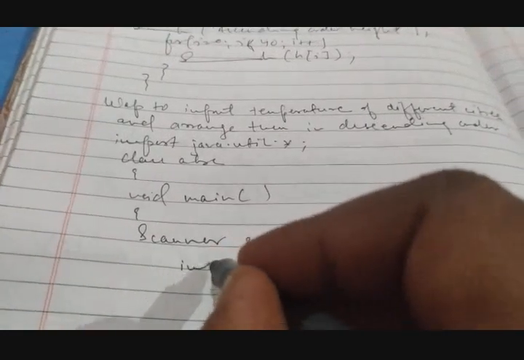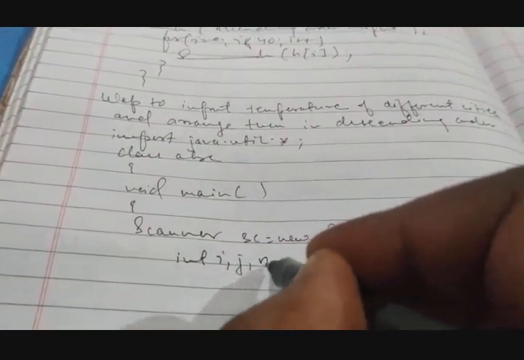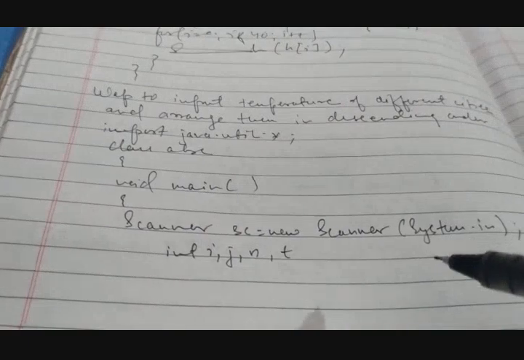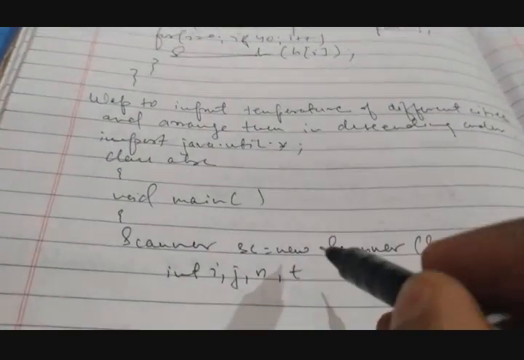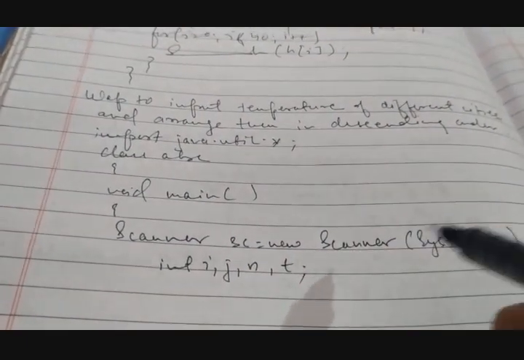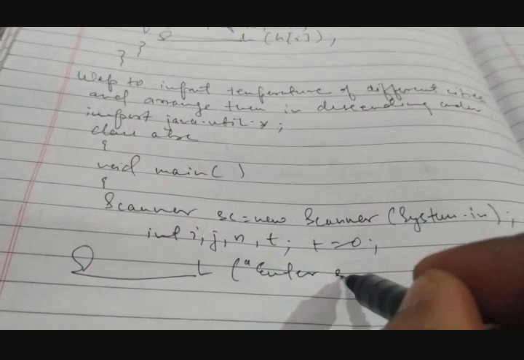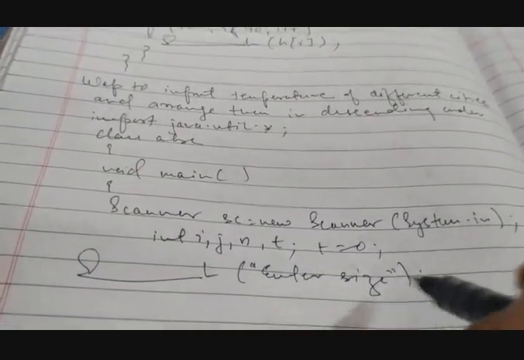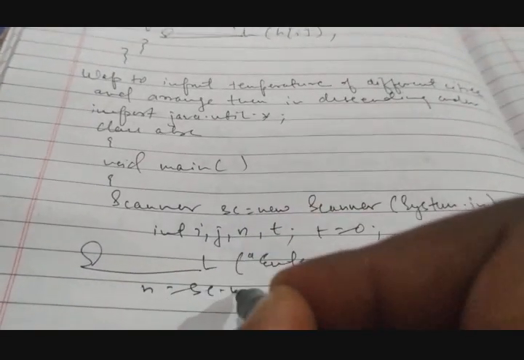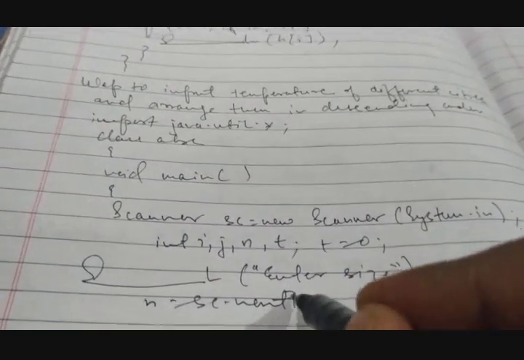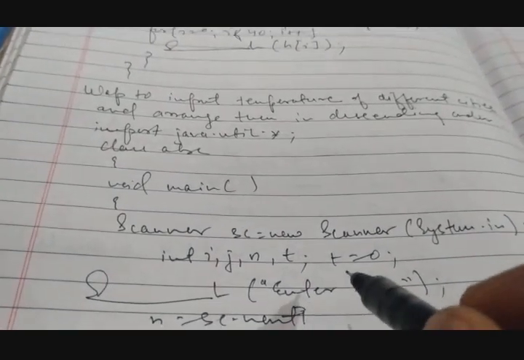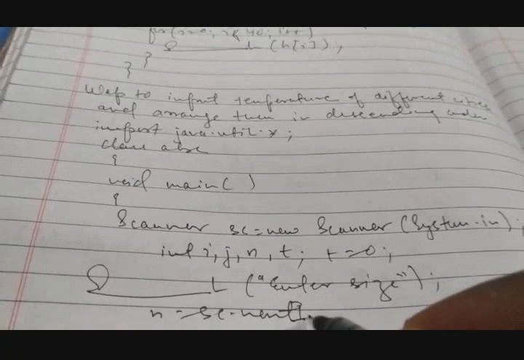So you require int i, j and temp, and temp equals to 0. Sop enter size, n equals to sc dot nextInt method.